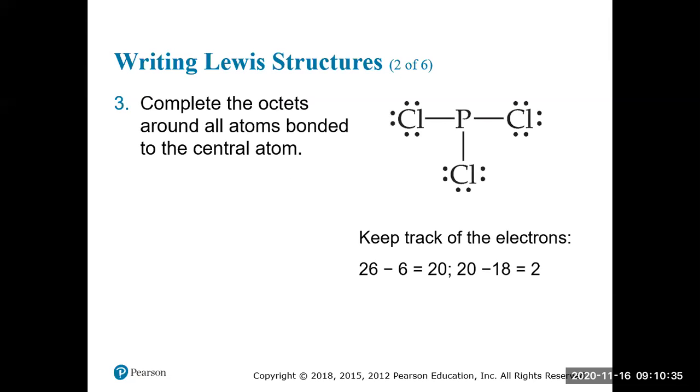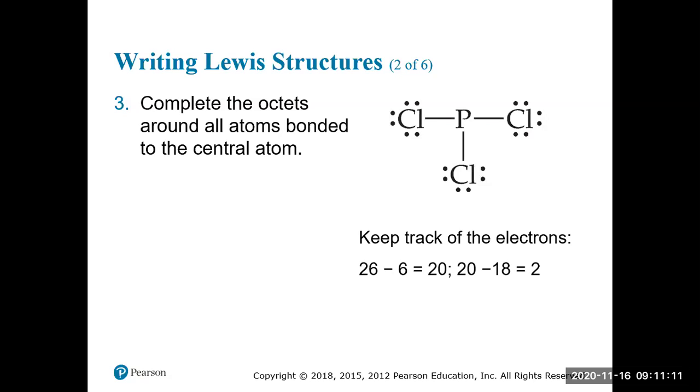The next thing we want to do is complete the octets for the atoms bonded to our central atom. So we've added 6 electrons to each of the chlorines. That's the 6 dots you see around each chlorine atom. That gives complete octets for each chlorine: 6 lone electrons, so 3 lone pairs around each chlorine, plus the shared pair with the phosphorus.